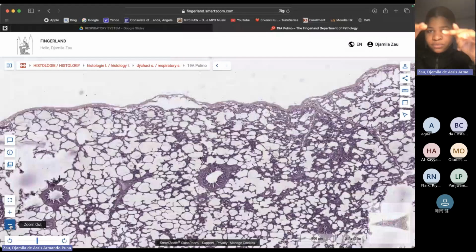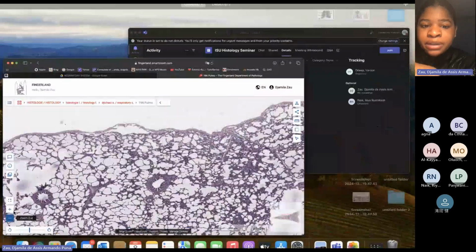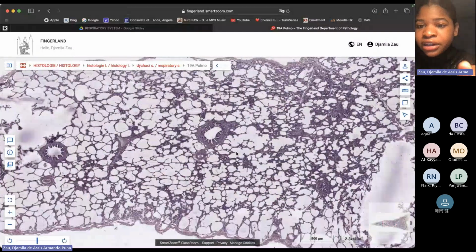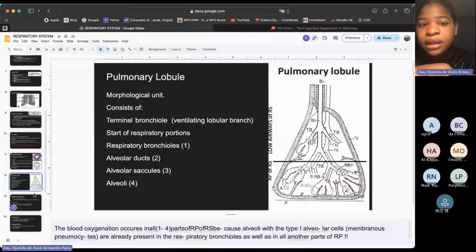It's terminal bronchiole, then alveoli, and before the terminal bronchiole, you have all the other bronchi. So just because this is how it looks here doesn't mean they're at the same level. Do you guys have any questions before we go into the respiratory part?